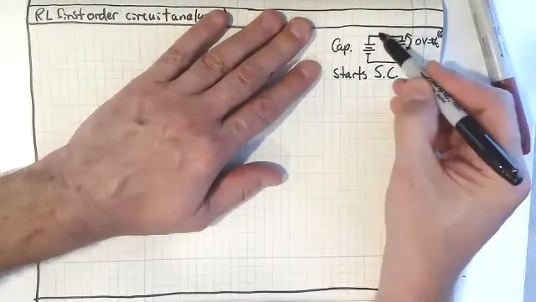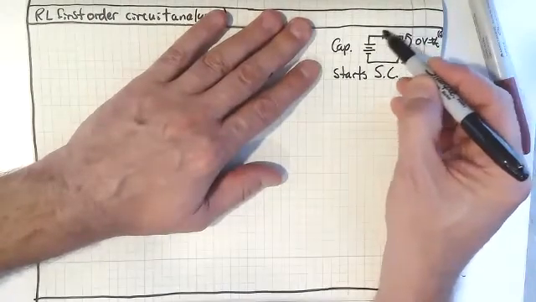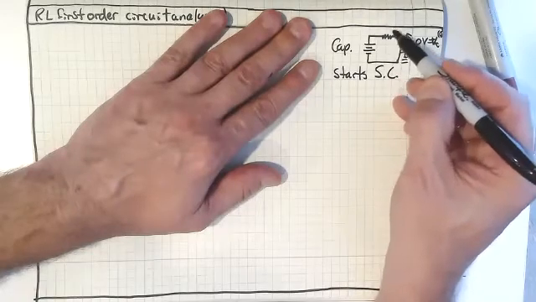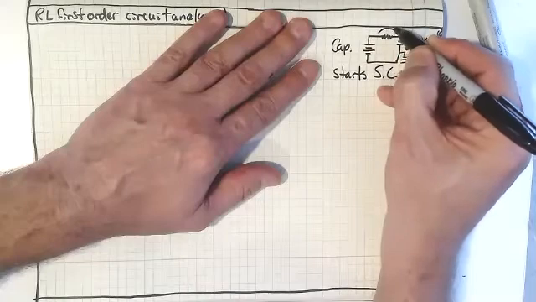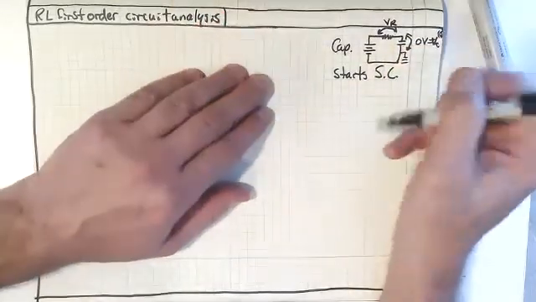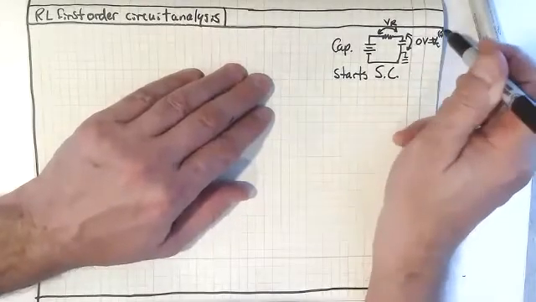We would still have some type of voltage drop across the resistor, and that resistor would be at its maximum voltage drop. So the voltage drop across the resistor here would be V sub R. We want to look at both the voltage across the resistor and the voltage across the capacitor.